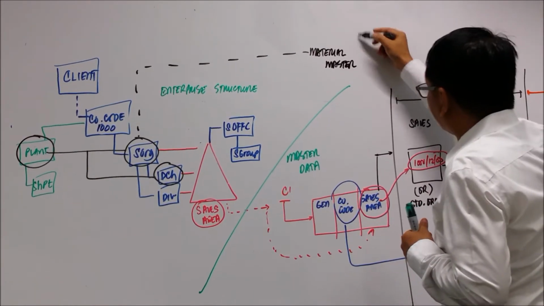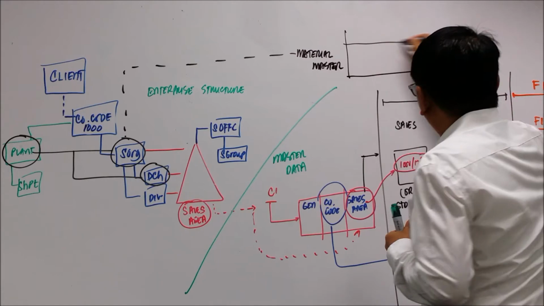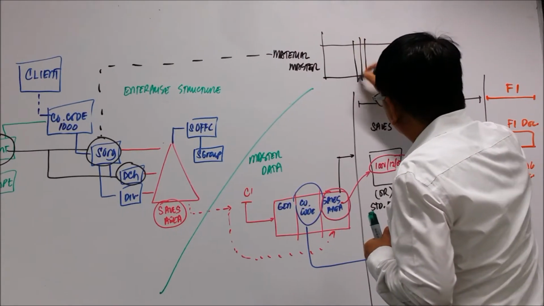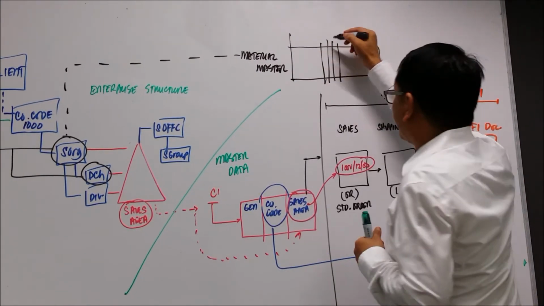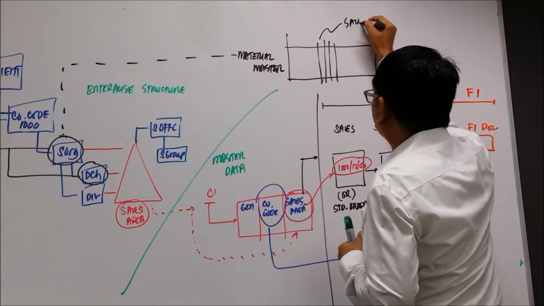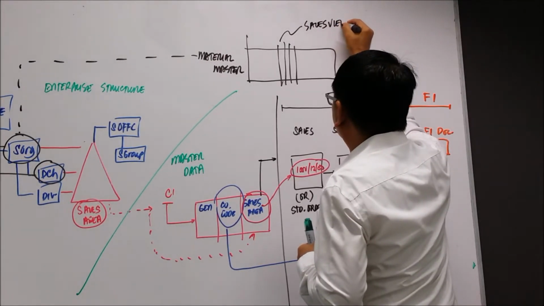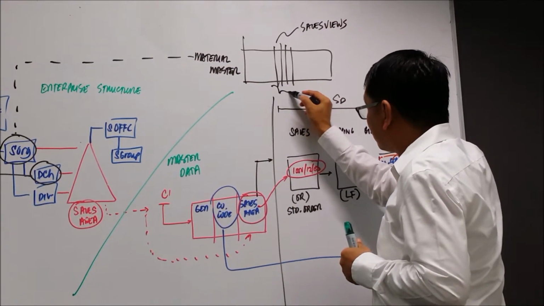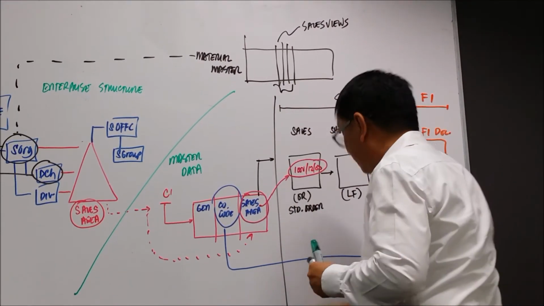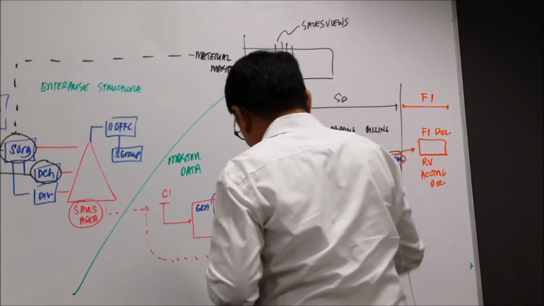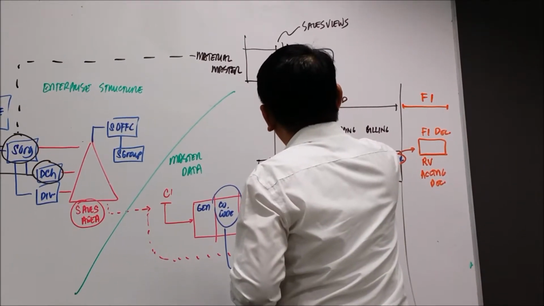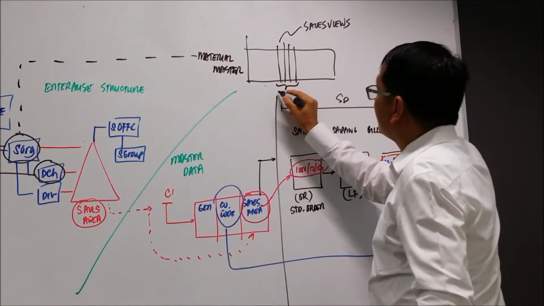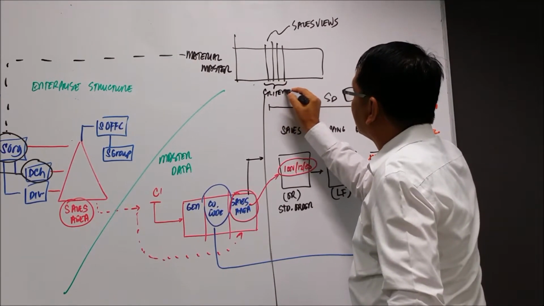Okay? In your material master, you have a lot of views. Central to the views would be your sales view. Your sales view here has a criteria field.